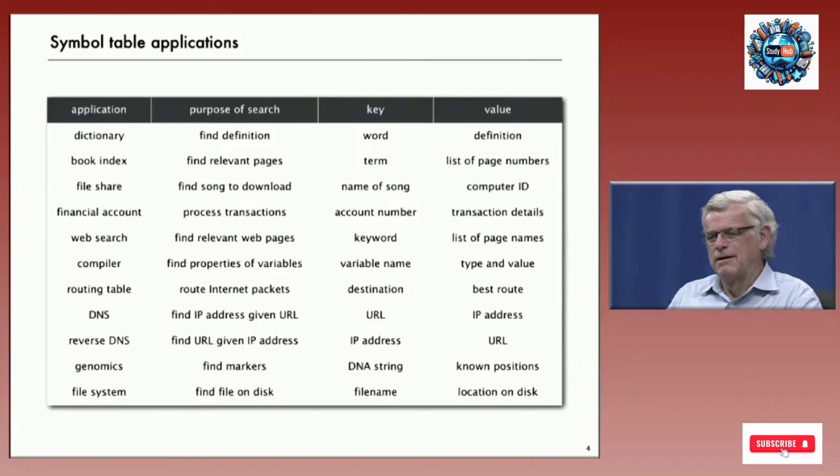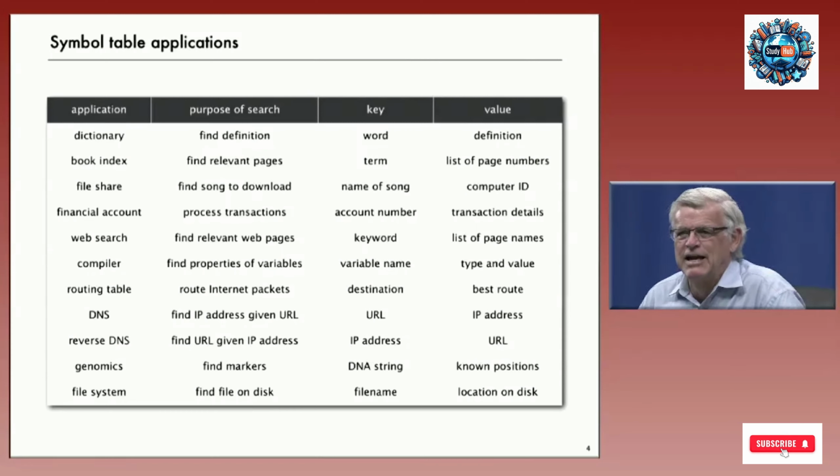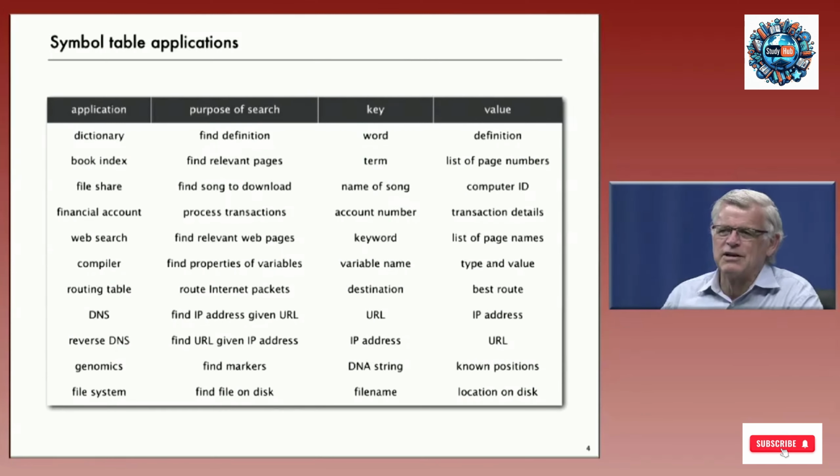Or when you're trying to find a song to download, you provide the name of the song, and then the value will tell you what computer to go to get that. Or in commercial computing, the key might be an account number, and the value might be the transaction details for that account. Web search is something we all do multiple times every day, and the key is a keyword or a list of keywords, and the value is a list of places where that keyword is found.